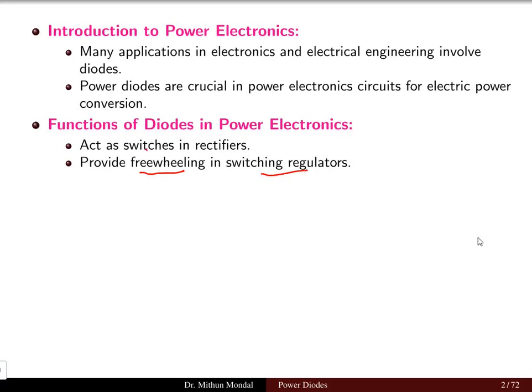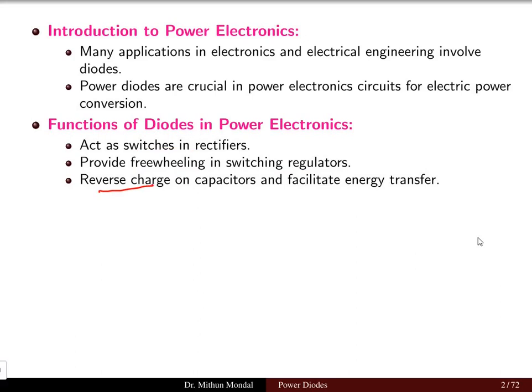Last lecture we discussed a brief overview of the freewheeling diode, where a diode is connected in parallel with a load that has an inductive property, so that the current does not flow in the reverse direction. Freewheeling diodes are one of the most important applications of diodes in power electronics.